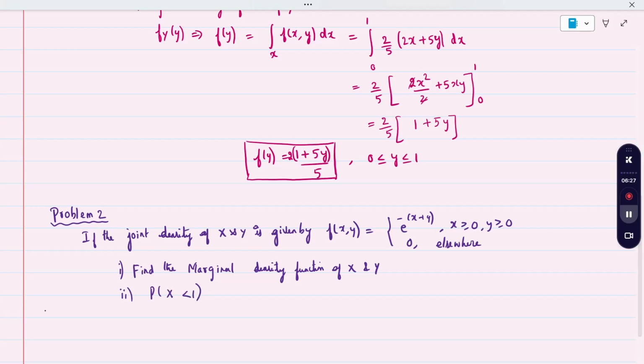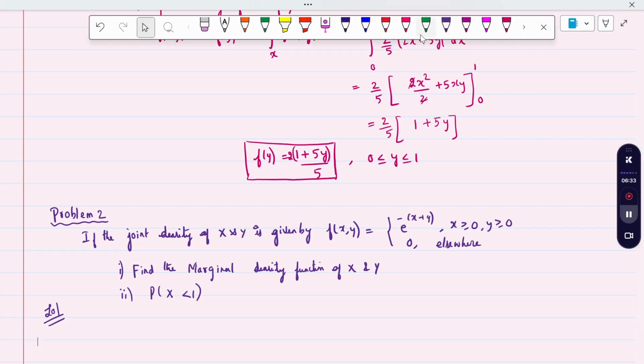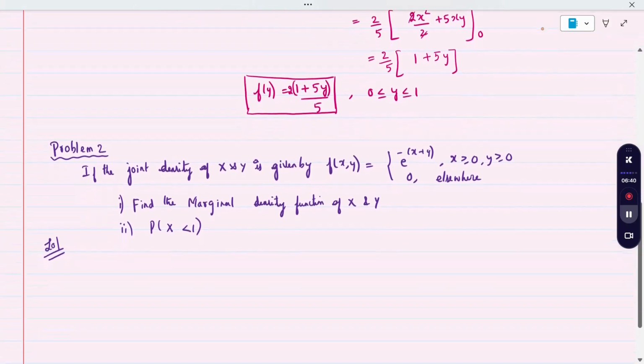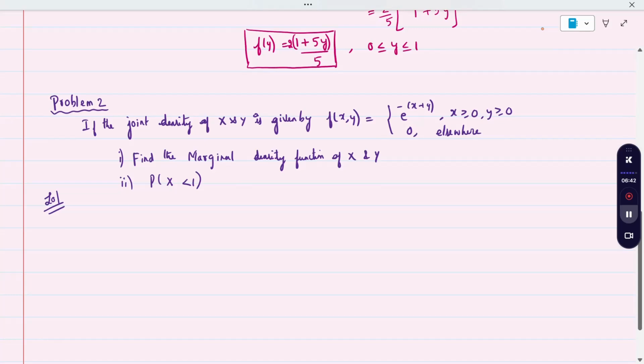So how to do it in this case? First I will calculate the marginal density function. Use the formula for the density function of x. It is the same concept we have just seen.